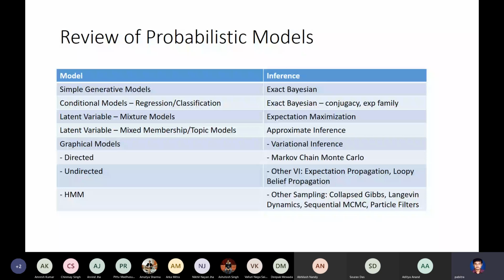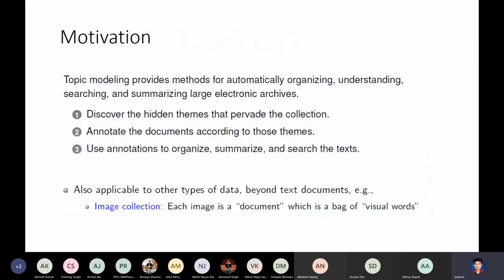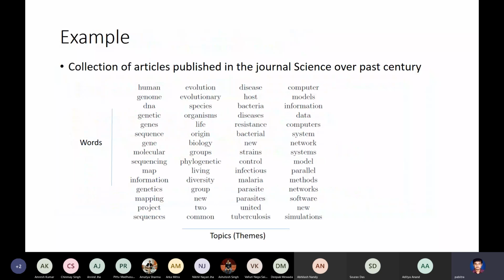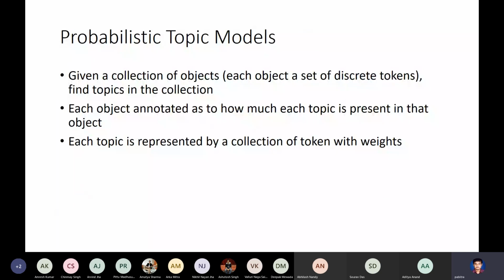Okay, so what we are interested in is, given a collection of documents where each document is again a bag of words, we want to attach topics to the documents, and one document is annotated in terms of multiple topics in some proportion.